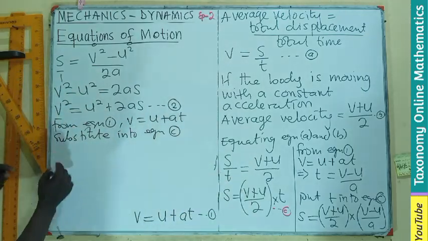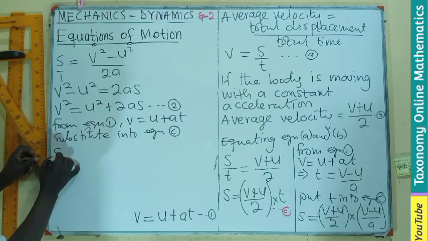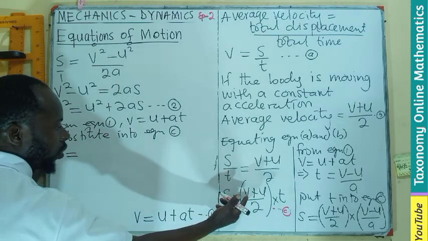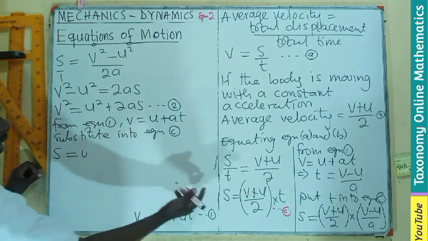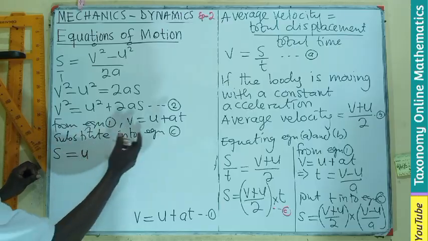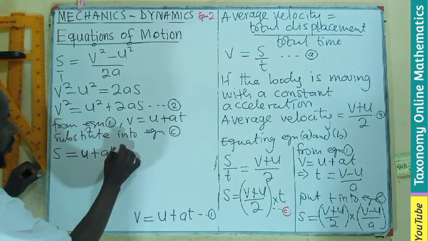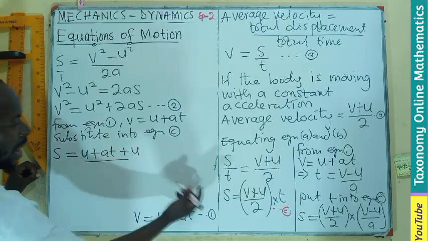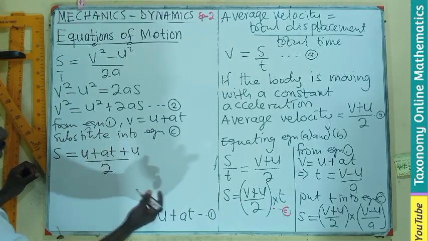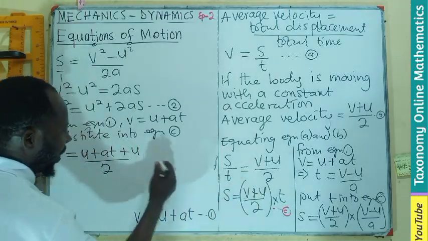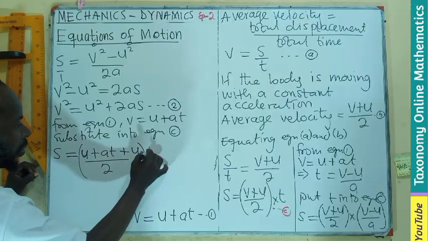I'm replacing the V, meaning your distance will still equal U, plus V, which is now U plus AT, plus U, still divided by 2, then T will multiply.